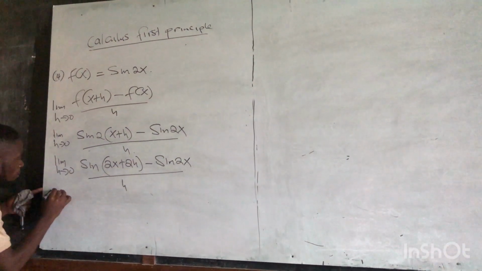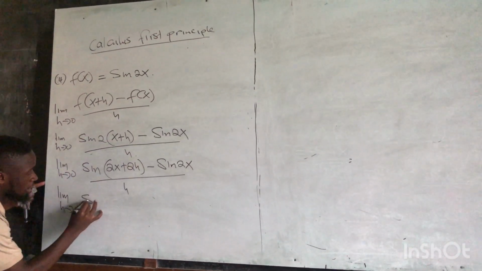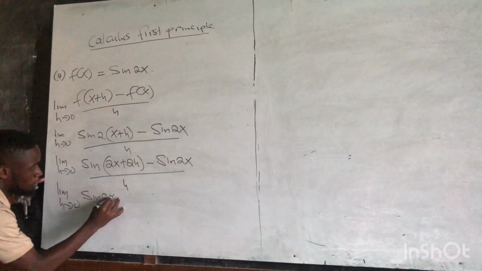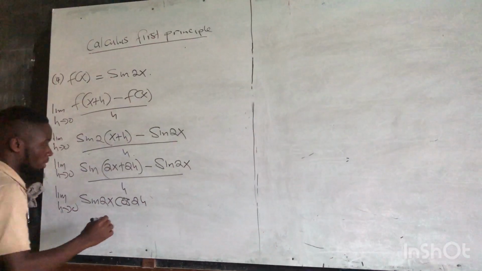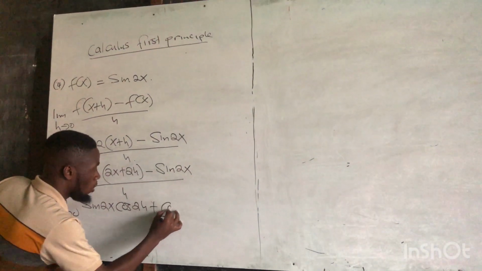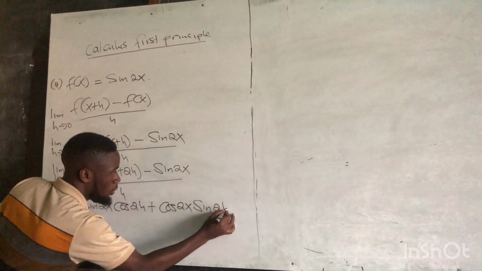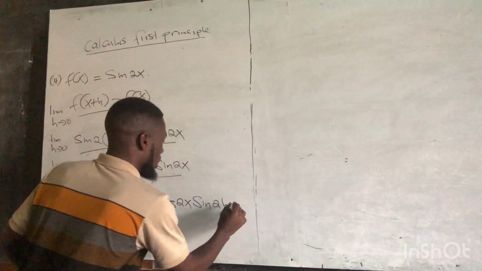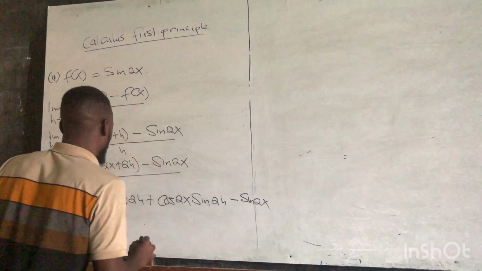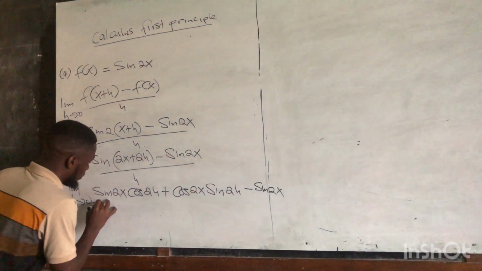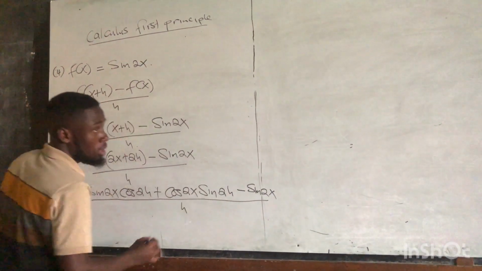Using our double angle formula here for sine, this will be sine 2x cos 2h plus cos 2x sine 2h, minus the original equation, sine 2x, over h.